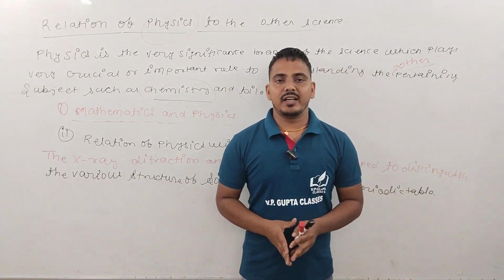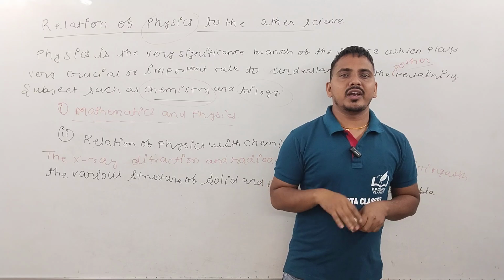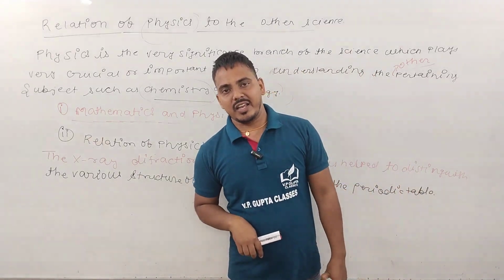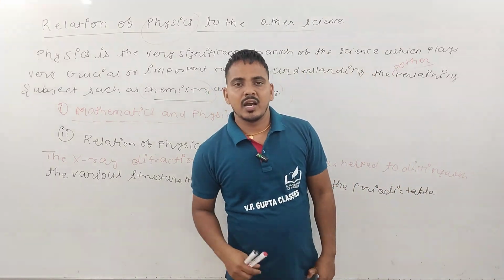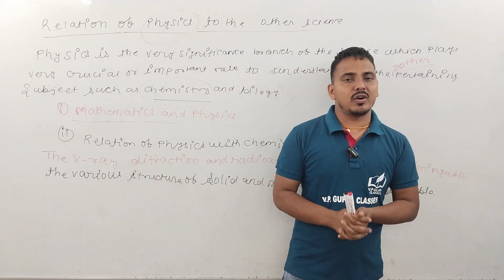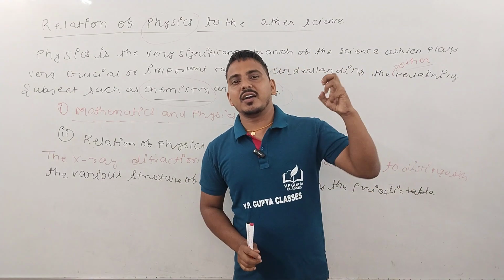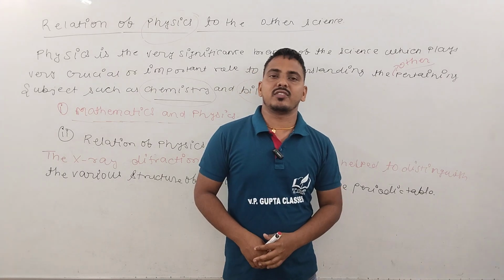In the periodic table, elements are arranged in a specific order, and this specific order of elements was discovered with the help of physics.